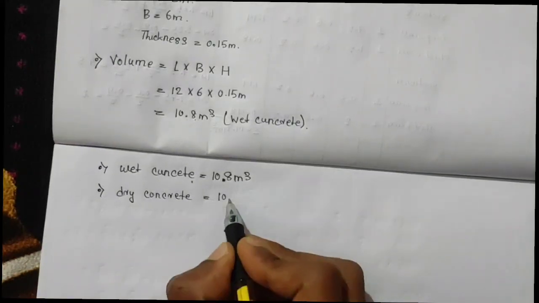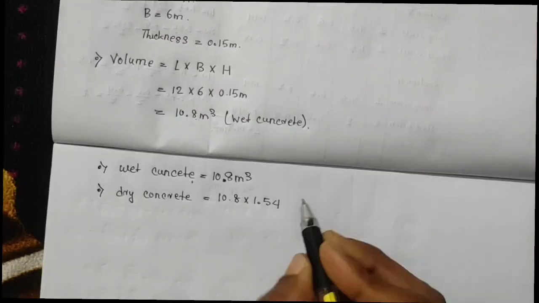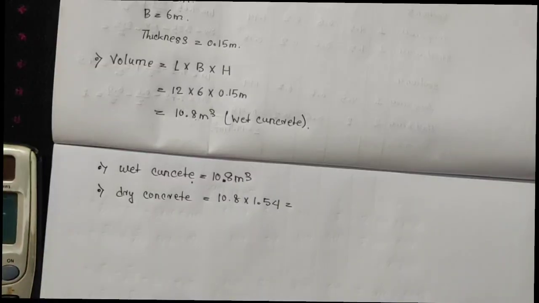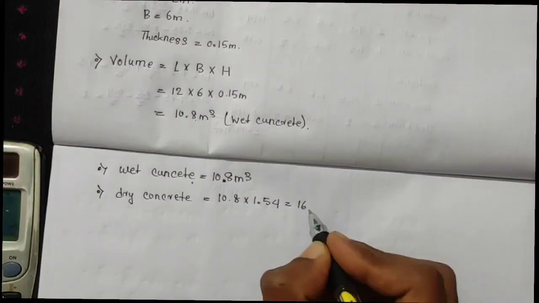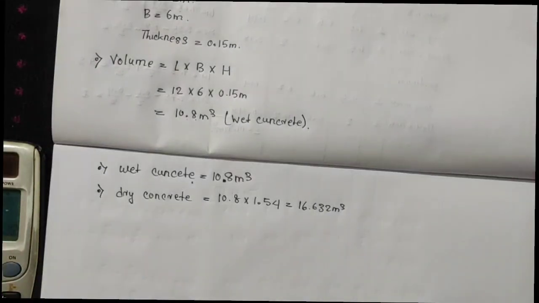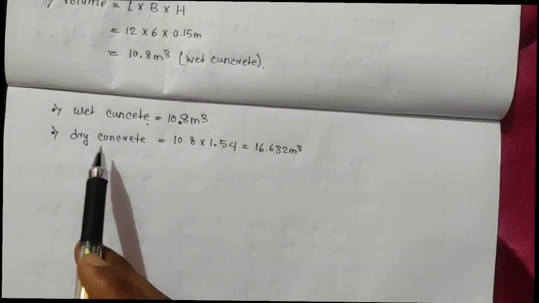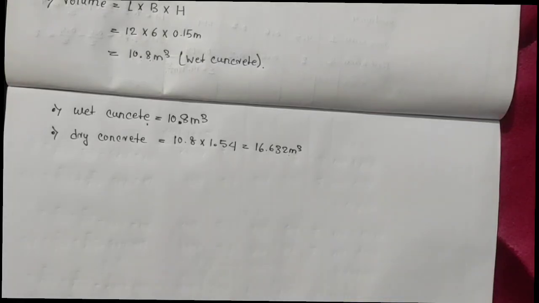So 10.8 into 1.54, we have got 16.632 meter cube. So our dry concrete is 16.632 meter cube.